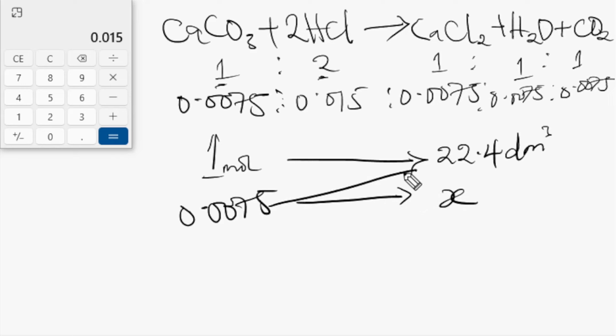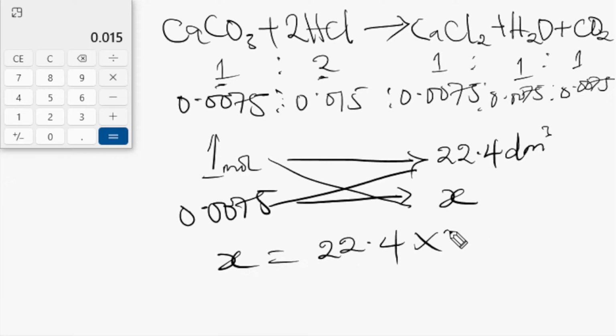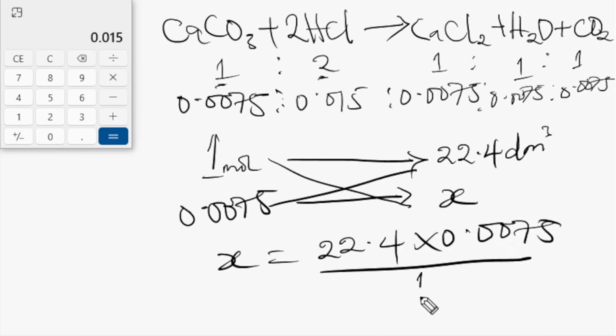So let's call that x here, and then we'll cross multiply. So x will now be 22.4 times 0.0075 over 1. So let's go ahead and calculate this. This is 22.4 and then multiply by 0.0075.